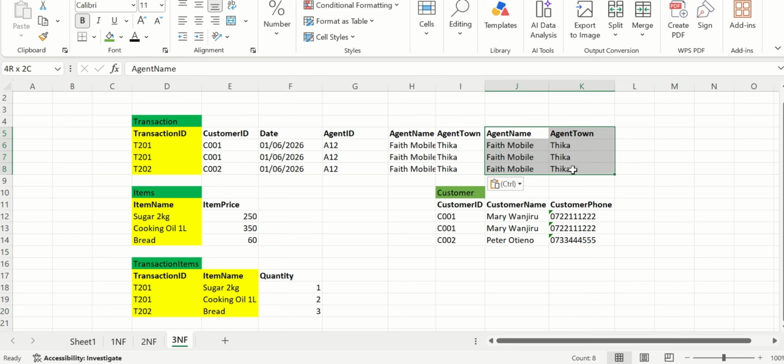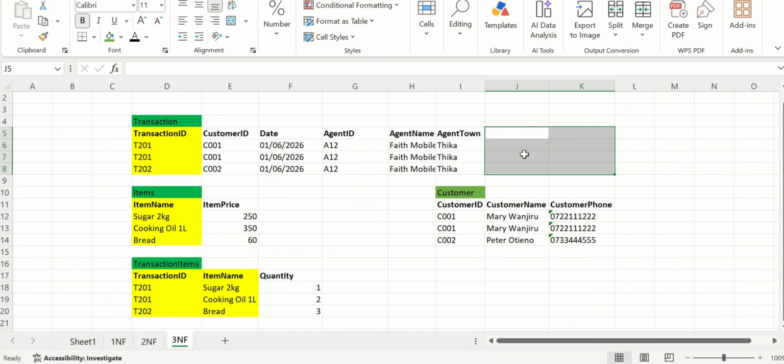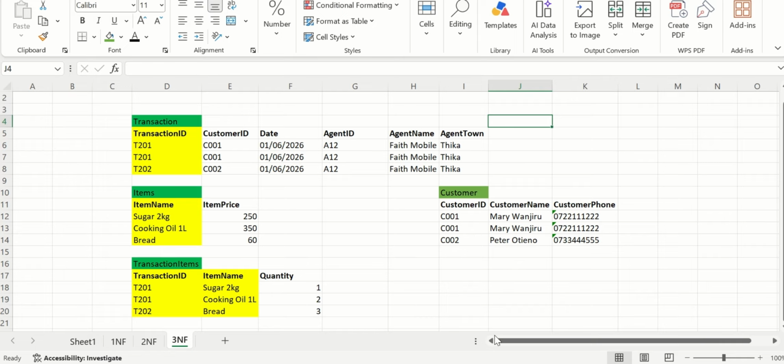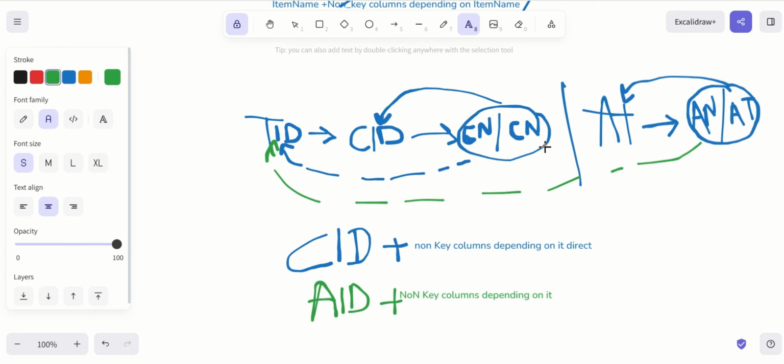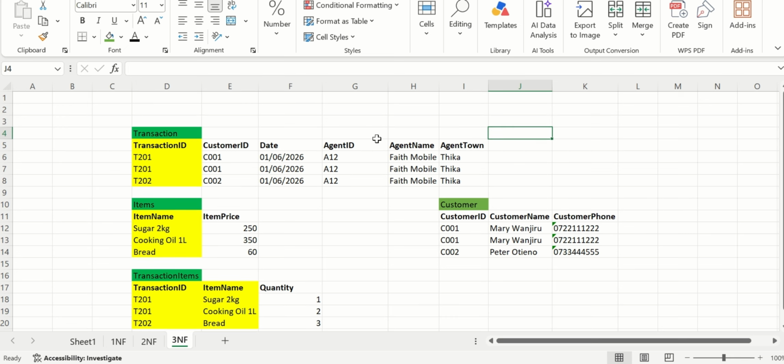So let's remove this. So we are remaining with, and also here we have another table where the agent name and the agent town depend directly on agent ID. Also this one we will have to remove.